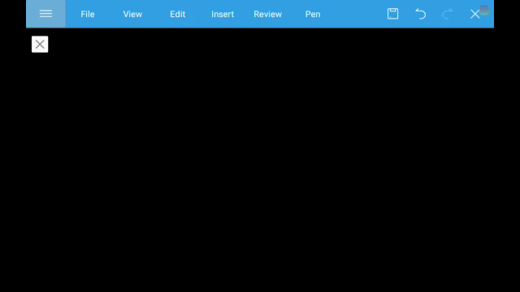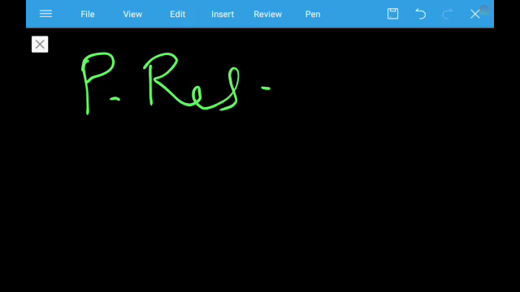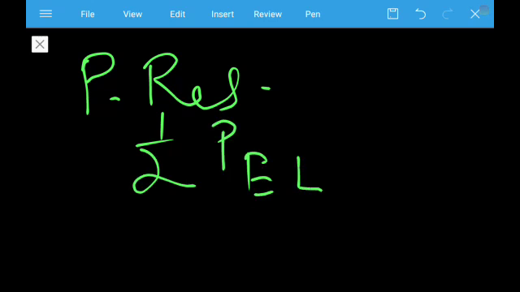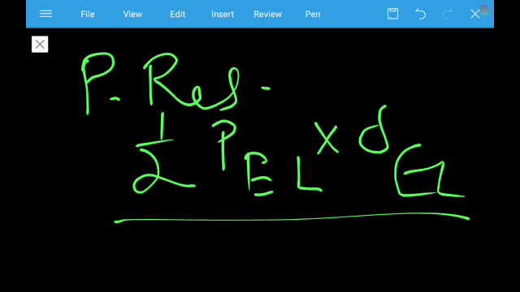Proof resilience: the maximum energy absorbing capacity of the material in the elastic region is proof resilience. It is half P in the elastic limit times the deflection in the elastic limit. This is the proof resilience.